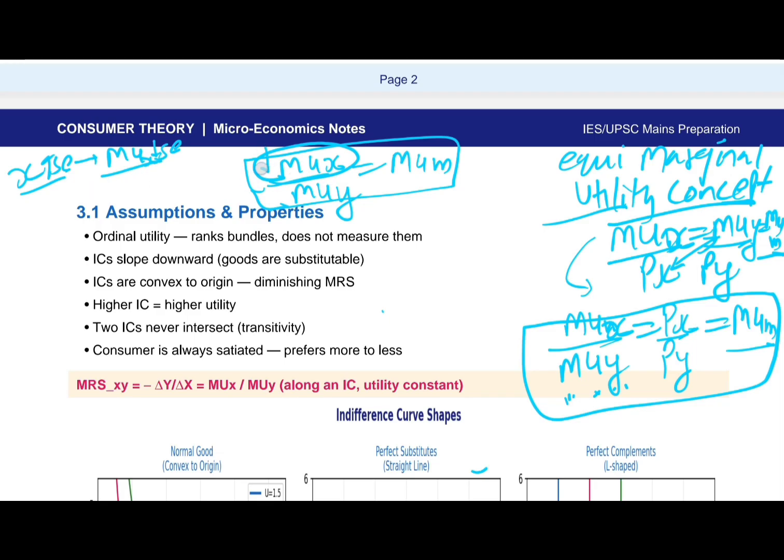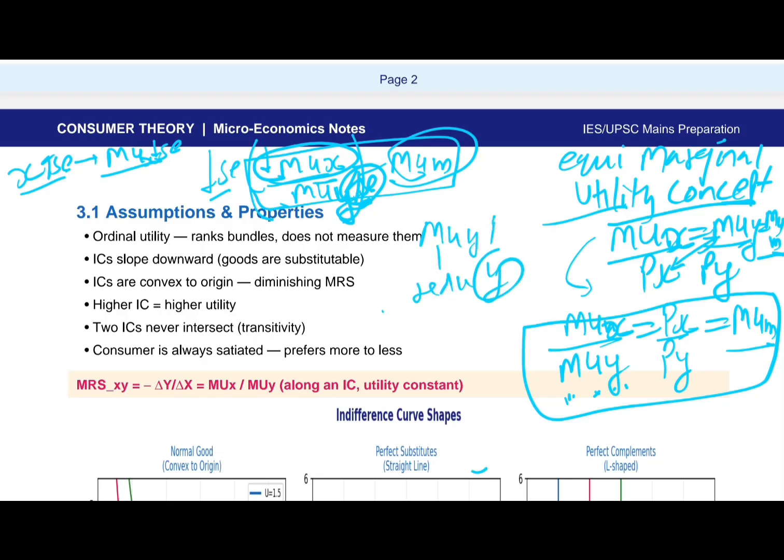So this is decreasing, this is constant. The whole ratio is decreasing, but it should be equal to the marginal utility of money. So the marginal utility of Y should increase. When the marginal utility of Y increases, we reduce the consumption of Y.